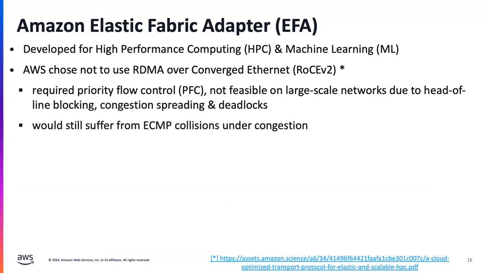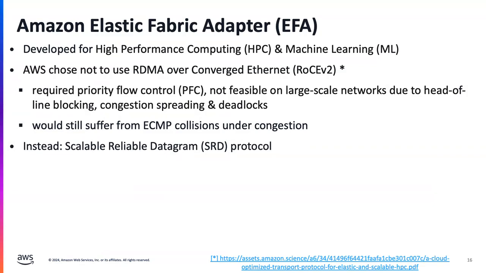AWS specifically chose not to use RDMA over Converged Ethernet because it requires priority flow control, or PFC, and this was felt not to be really feasible on large-scale networks because of head-of-line blocking, congestion spreading, and deadlock problems. And they felt that even RoCE would still suffer from potential ECMP collisions inside a large network. So they said, let's just make something that works on a huge network like AWS.